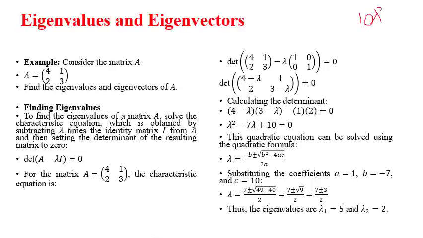So on this side, then what you've got here is minus 7 lambda. So what two values when multiplied will give you these, and when you add them will give you this.